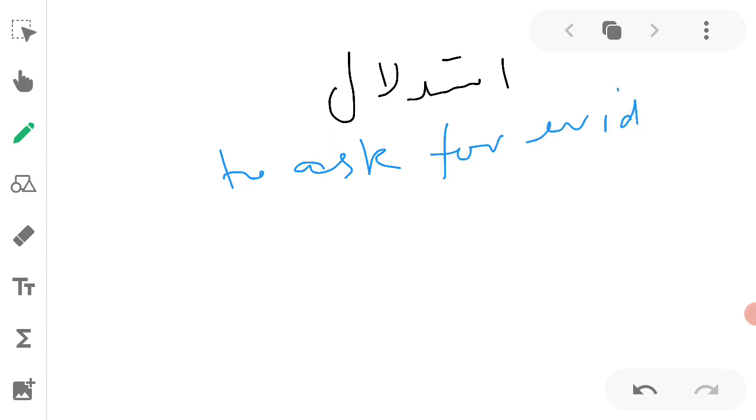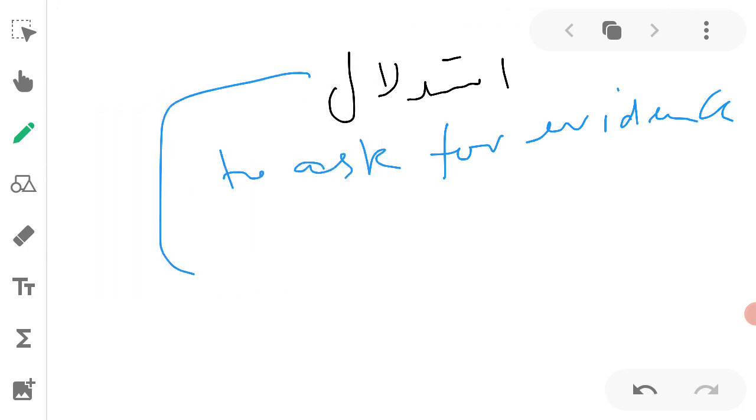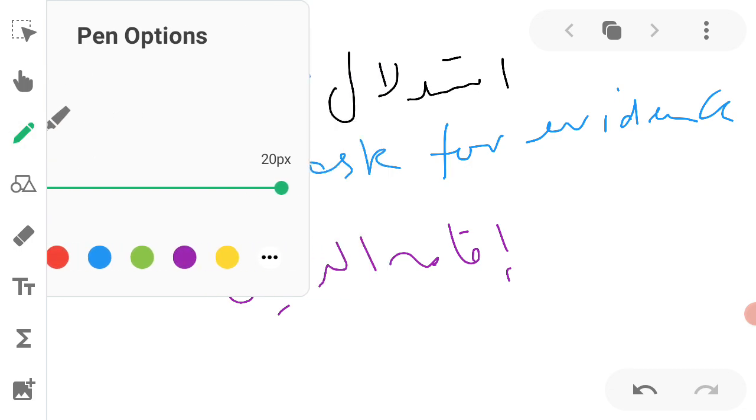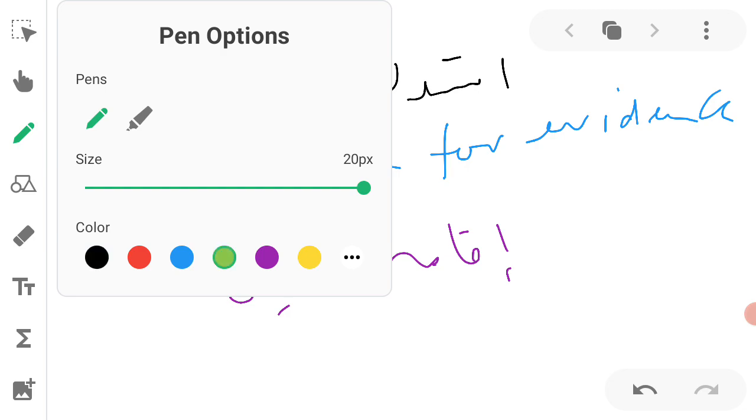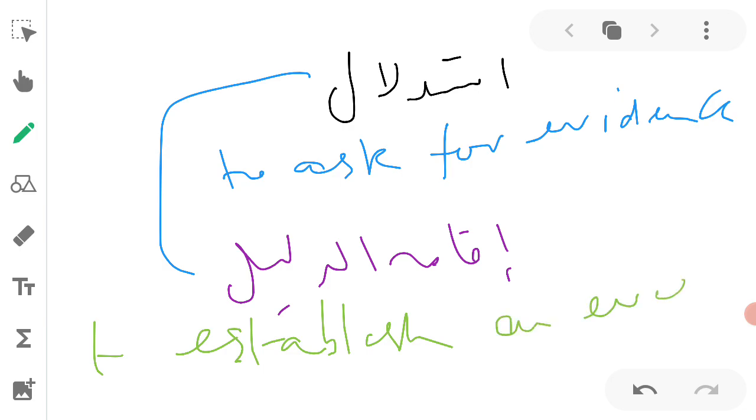That's what istidlal means linguistically. But here, terminologically, it means iqamatul dalil, to establish an evidence, or the evidence, depending on the context.